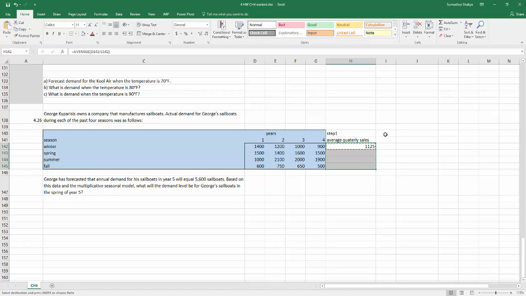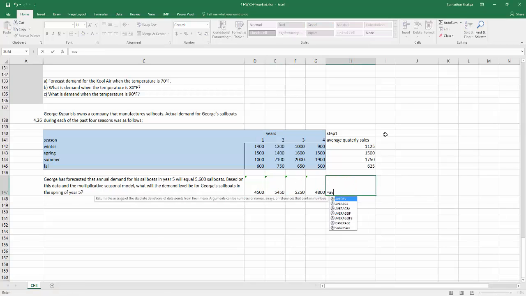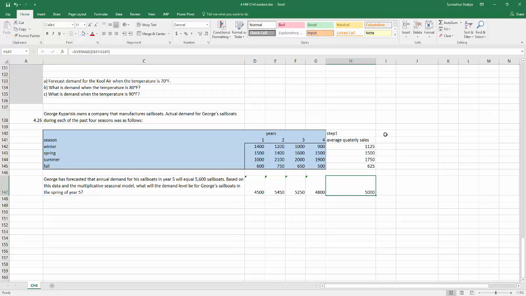Now this would be by the seasons, so there we have it. Also we know the demand for the particular year, for year 1 it was this much. Therefore the average annual demand is 5,000, correct?